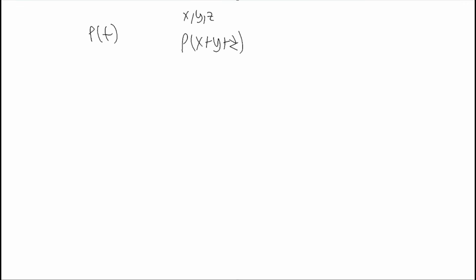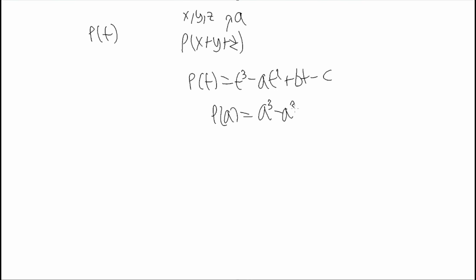We know P of t is equal to t cubed minus at squared plus bt minus c, and if x plus y plus z is equal to a, then P of a is equal to a cubed minus a cubed plus ab minus c, which is ab minus c.